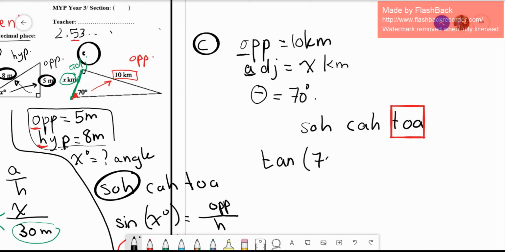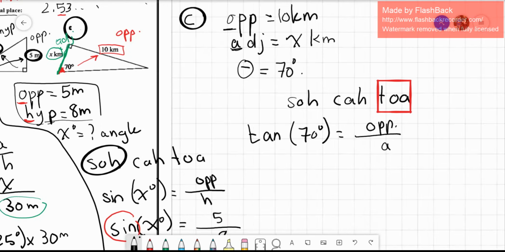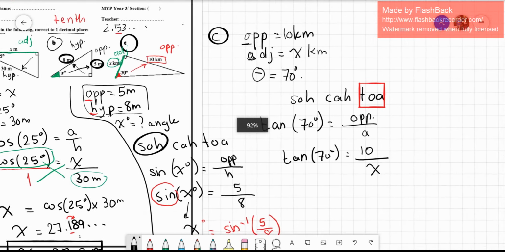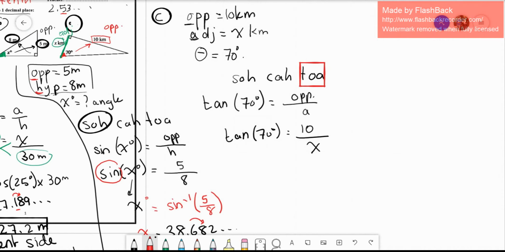Tangent of angle 70 is equal to the opposite side over the adjacent. So tangent of angle 70 degrees is equal to the opposite side here, which is 10, and the adjacent is x. I will change this to a fraction over 1. Then I'm going to do the butterfly method.